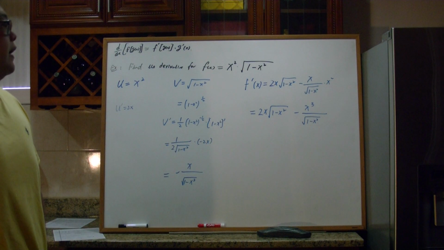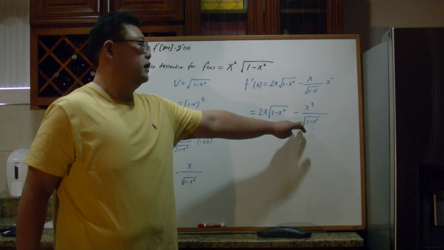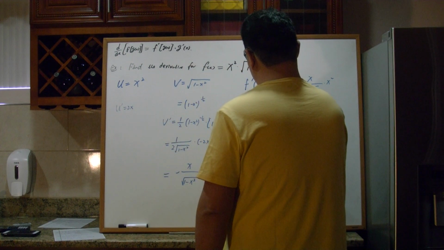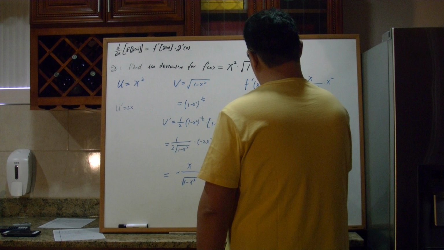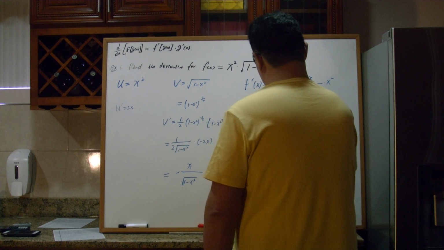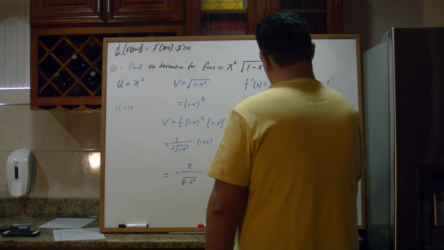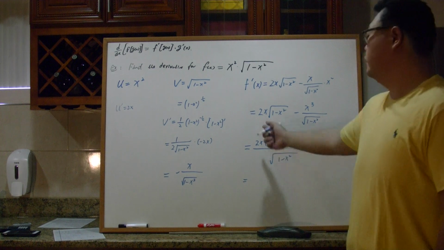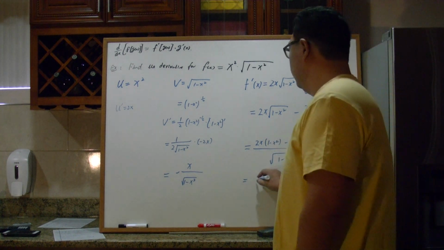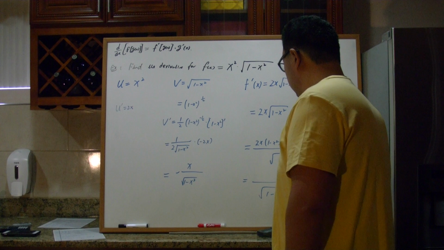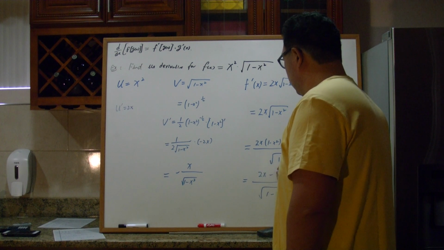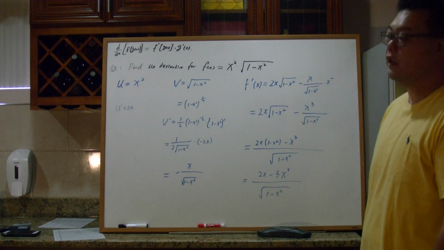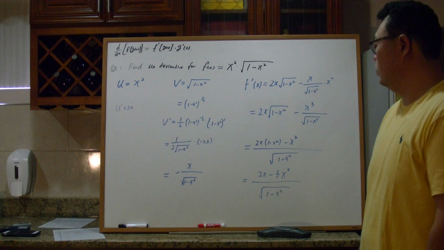If you want to simplify, you could find the least common denominator with radical 1 minus x squared and multiply. I get 2x minus 2x to the third, minus x to the third, that's 2x minus 3x to the third over the denominator.